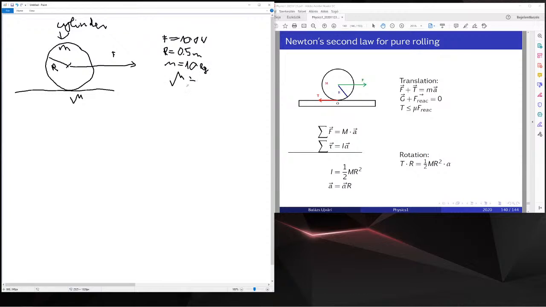The mu is large enough for pure rolling, but you will check at the very beginning, so let's say 0.8. So this is the example, these are the data.